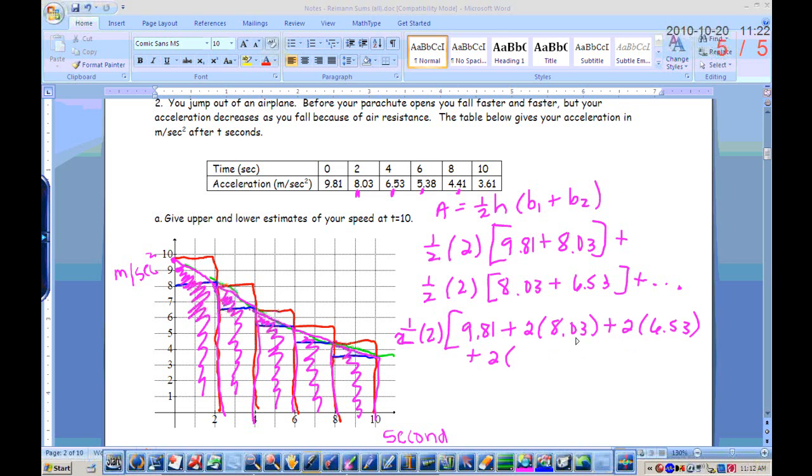Sure, you could do 2 and then another set of parentheses and add up all the middle ones if you wanted to. That would be even less to write. And then the last one, I just want to count once, plus 3.61.